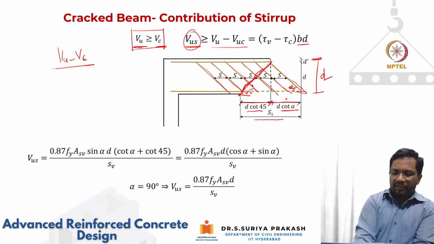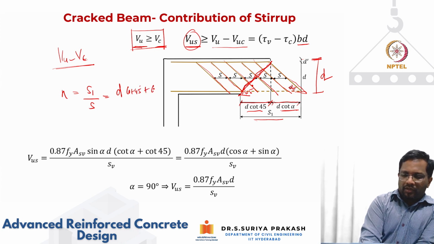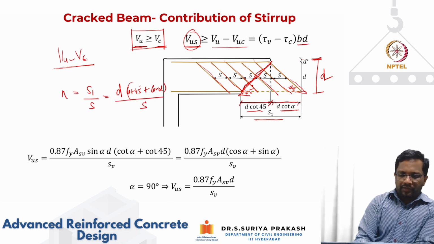Let's see how many stirrups are getting crossed. If I know the spacing, the number of stirrups that are crossing the crack will be S1 by s. What is S1? It is d times (cot 45 plus cot alpha), divided by s. So this is the number of stirrups.